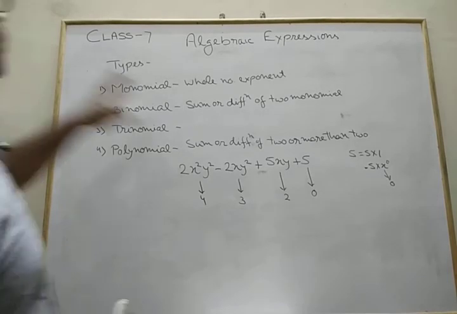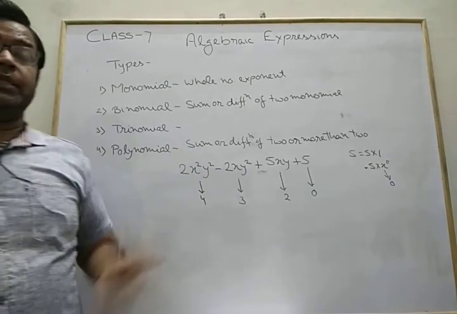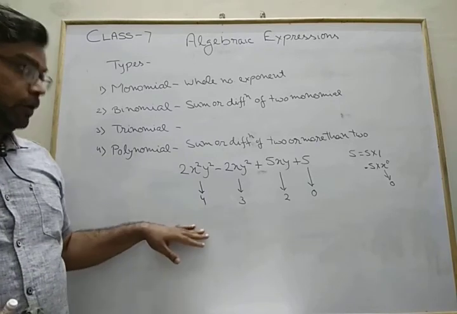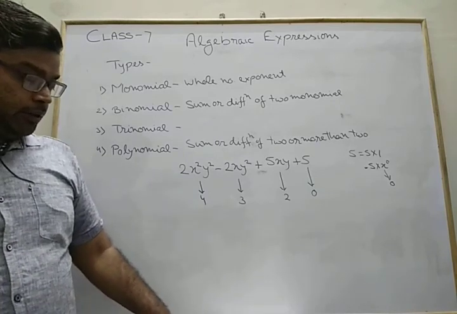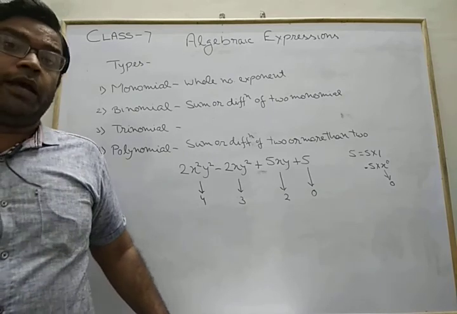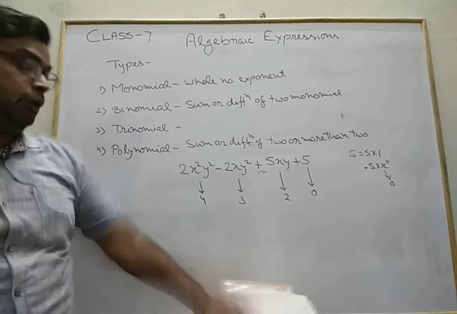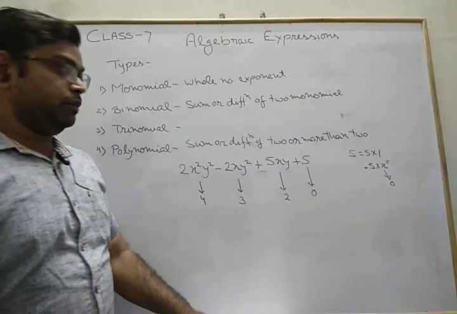Now hope it's clear to you. Always remember, in case of a polynomial, if any term has a negative power, that is not a polynomial. Any term having a negative power, that is not part of a polynomial. Means what?